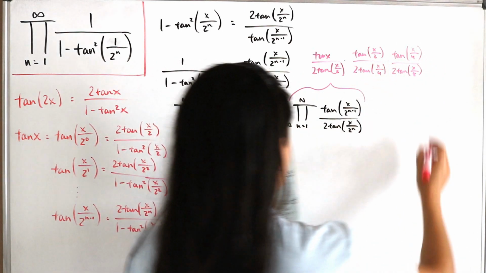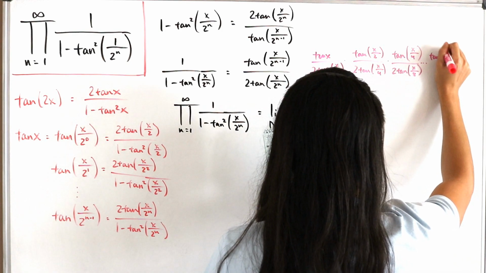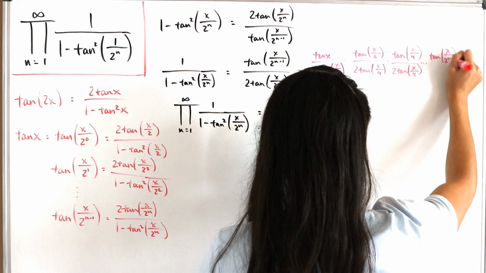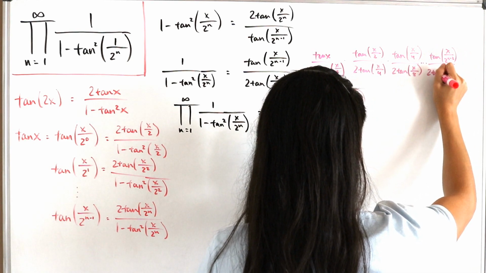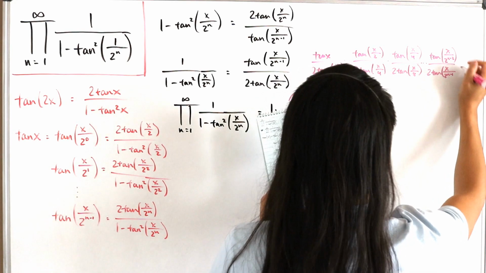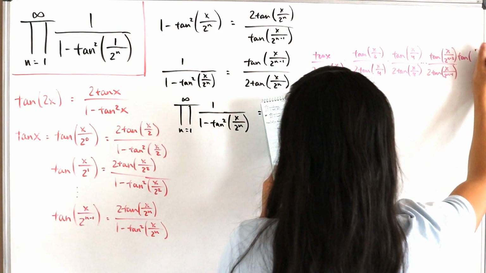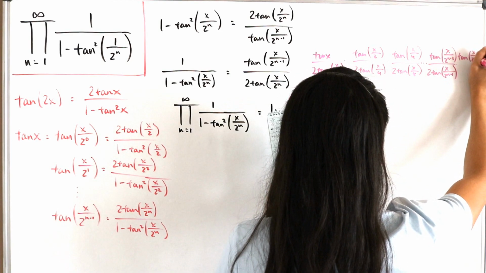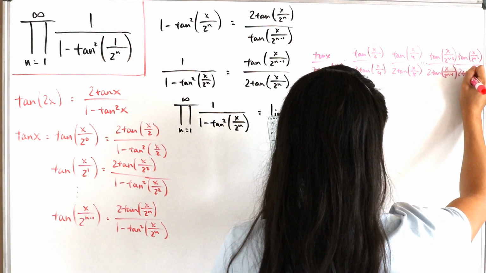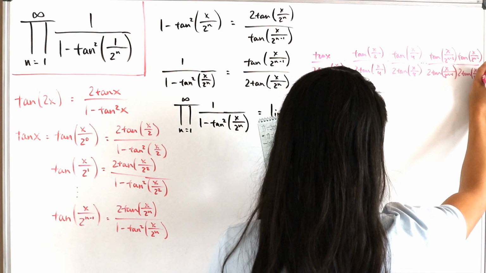Now, we can just continue on, so on and so forth. So let's see, the last two terms, I have tangent of x divided by 2 to the power n minus 2, and then divided by 2 times tangent of x divided by 2 to the n minus 1. And the last term I'll write is tangent of x divided by 2 to the n minus 1, and then divided by 2 times tangent of x divided by 2 to the power n.